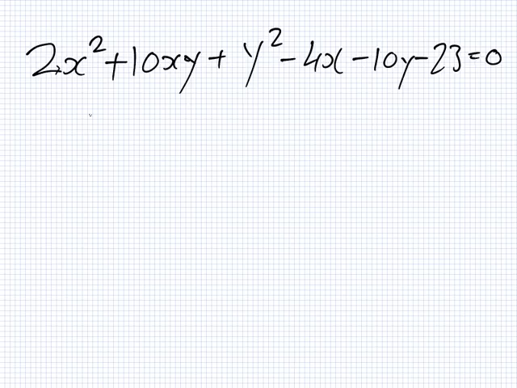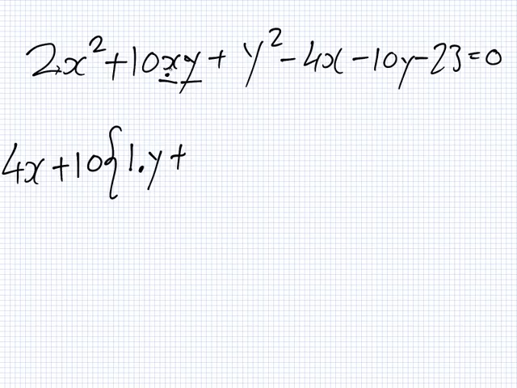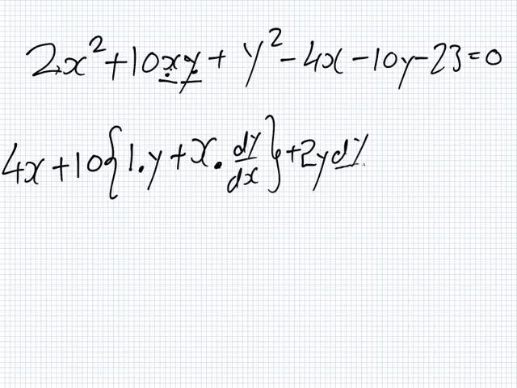Right, the first one, 2x squared, 4x. Then I'll take the 10 out and do a product rule. Derivative of x is 1, then we keep y the same, and then we keep x the same, and derivative of y, dy/dx. Okay, great. y squared, 2y dy/dx.